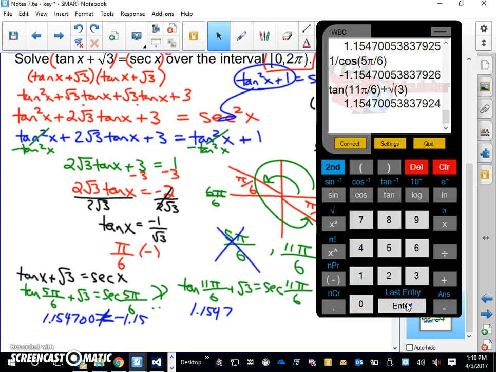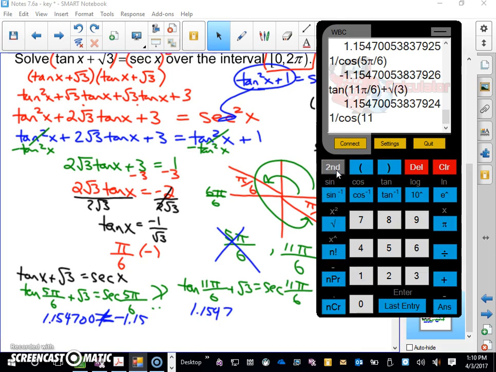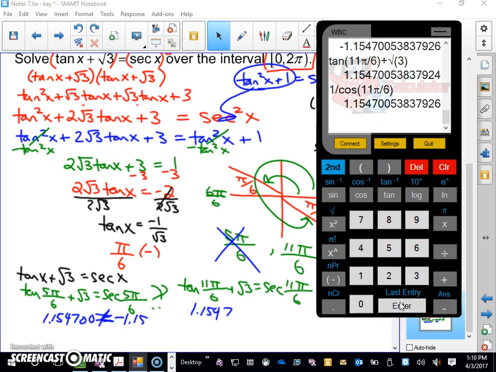So then secant is 1 over cosine, 1 over cosine 11 pi over 6. Hopefully that's the same thing. Hey, it is the same thing.